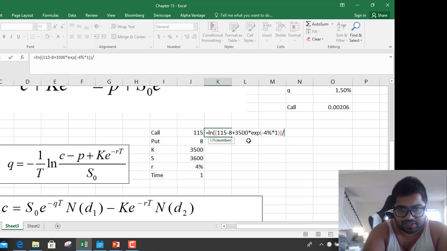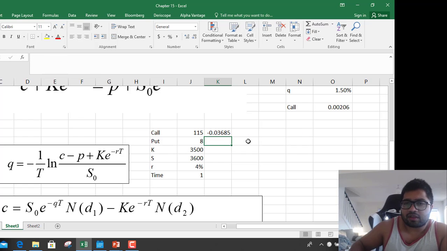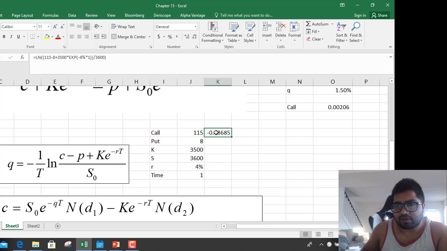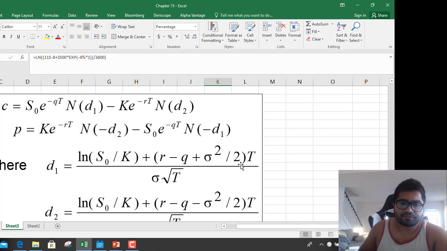What is S0? 3600. So put it in the formula. So dividend yield is almost 3 point. So if you take it in percentage, it is 3.68%. It is 3.68%. So if you're given other parameters, you can calculate the assumed dividend yield in the index.